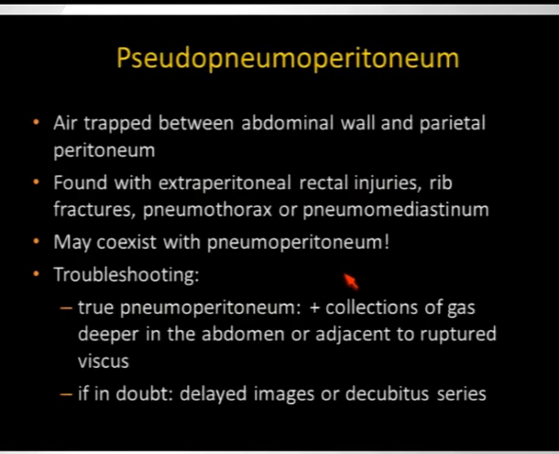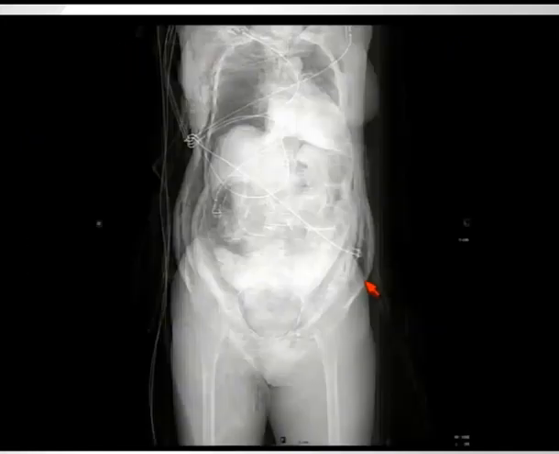If there's any question that the patient does have pneumoperitoneum, that question needs to be answered immediately, and again, delayed images, decubitus images, a repeat scan should be acquired to determine whether or not it is true pneumoperitoneum.